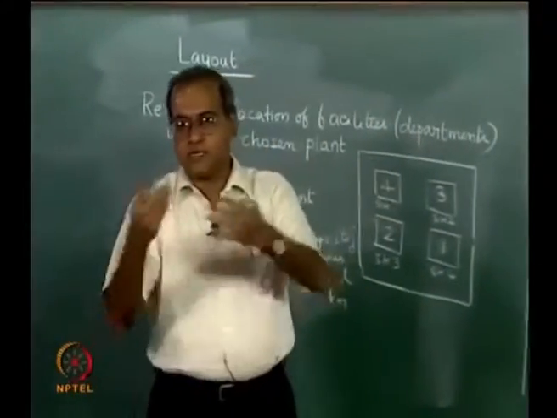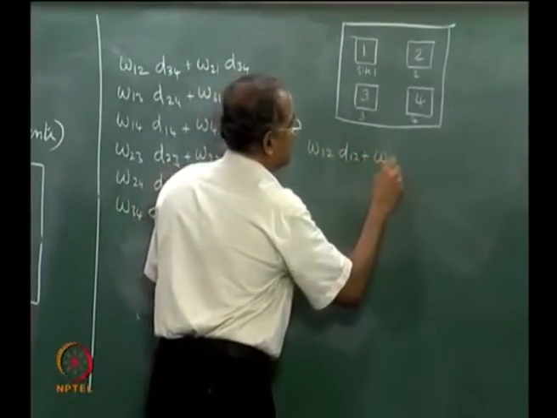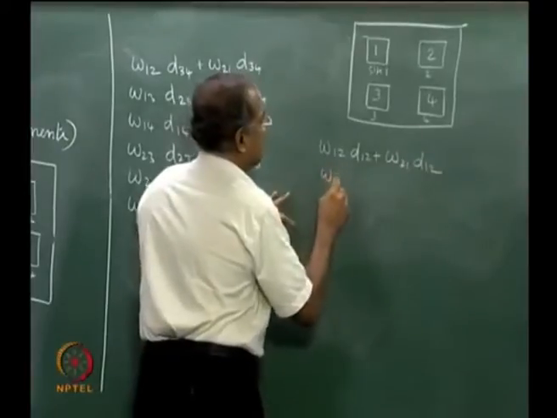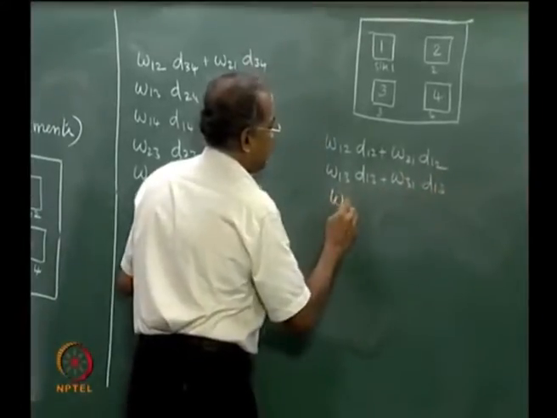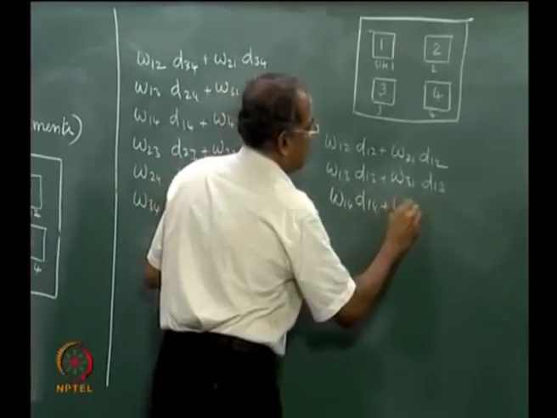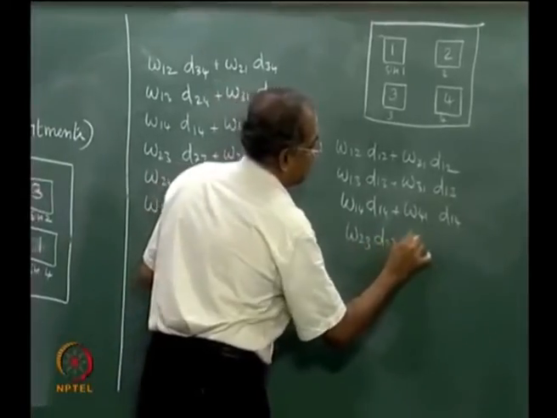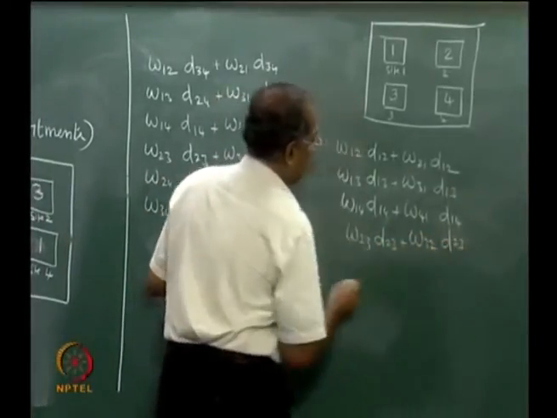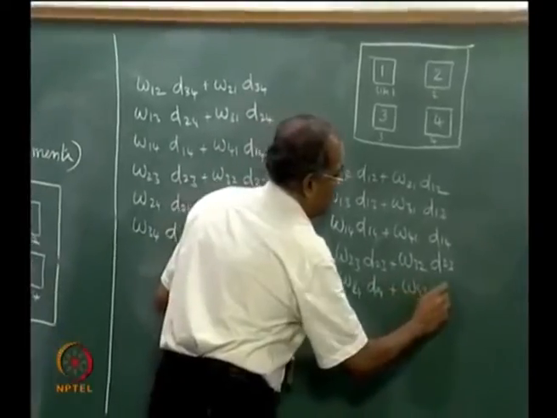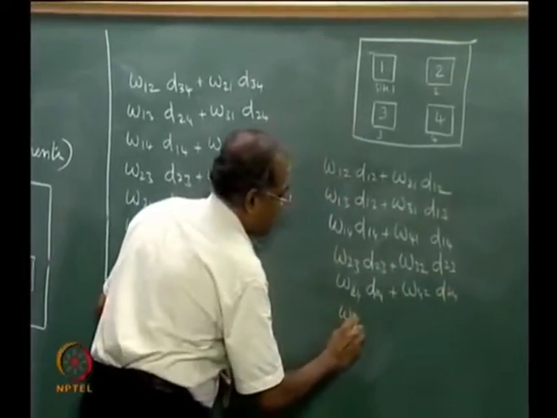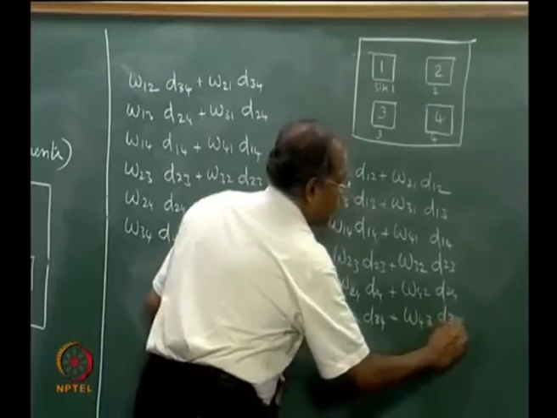Then the weight into distance, ton kilometer measure will become W12 d12 plus W21 d12, W13 d13, W31 d13, W14 d14, W41 d14, W23 d23, W32 d23, W24 d24, W42 d24, W34 d34, W43 d34.